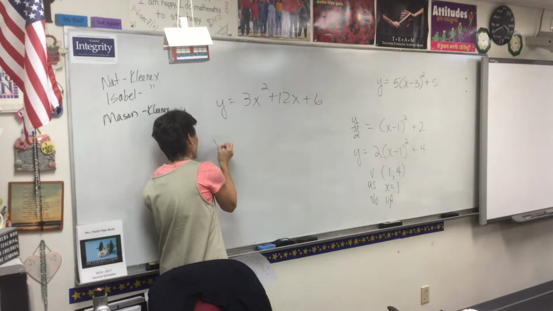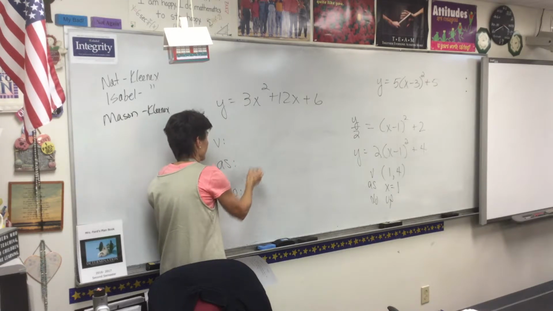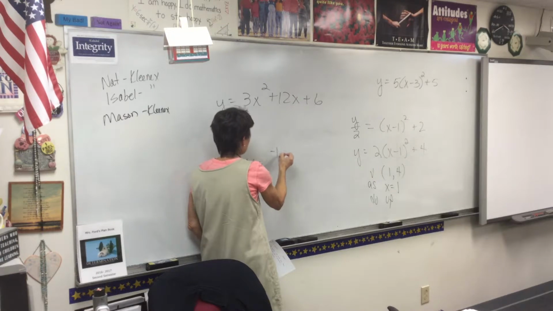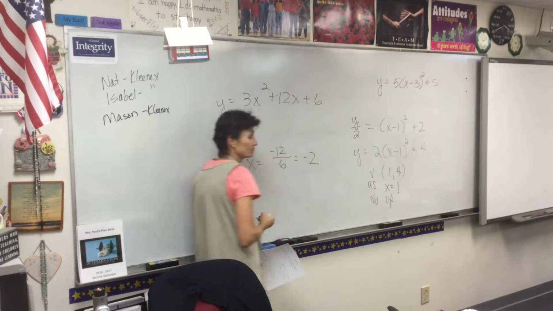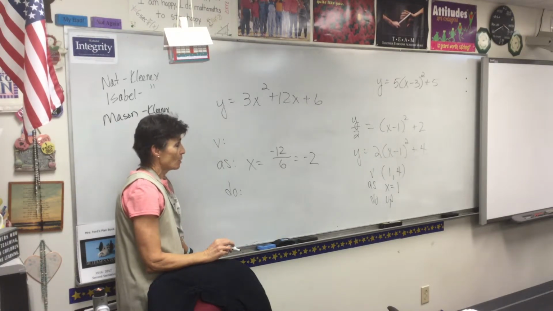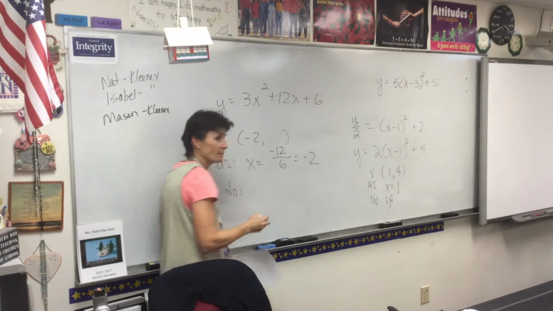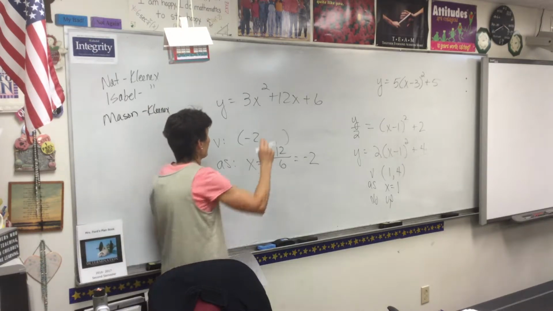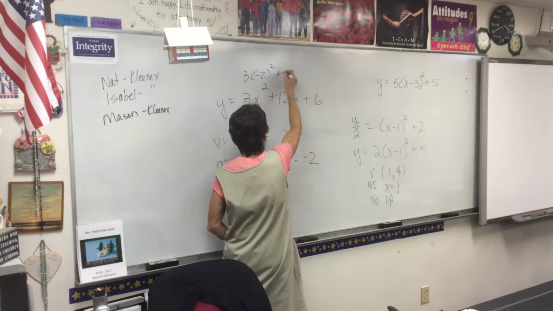If you want to use the axis of symmetry formula, x equals what? Negative b over 2a. Yep. Which means that your vertex is negative 2 comma something. And when we plug in the negative 2, we do it very carefully.